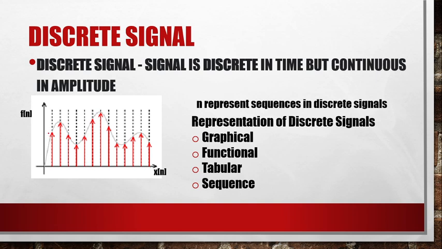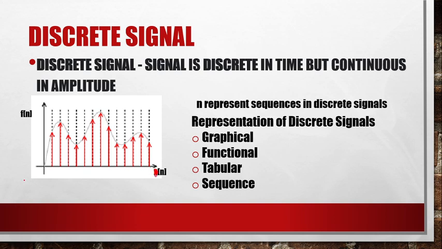You can see the amplitude of the actual signal reflected over here, but we are making the time discontinuous. So a discrete signal is discrete in time, because time is no longer continuous. Instead, we get the values in sequence.